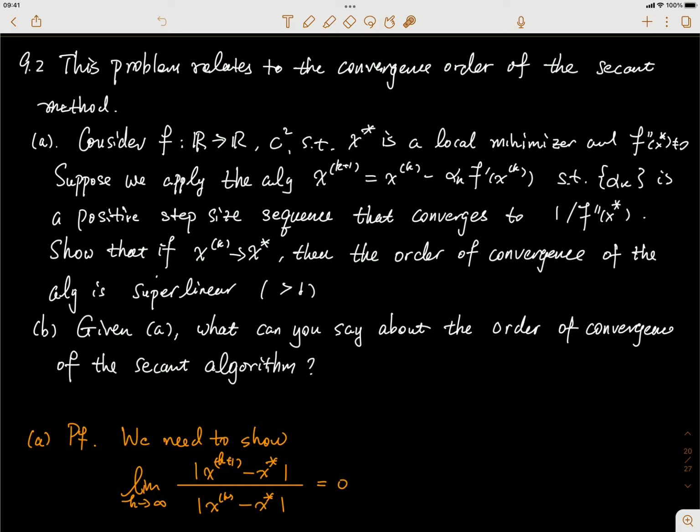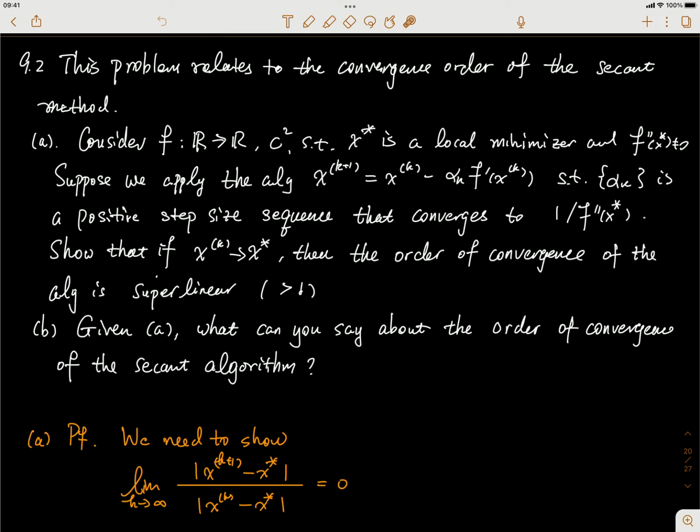So xk is supposed to converge to x star, and alpha k converges to 1 over f double prime of x star as k goes to infinity. We want to show the order of this convergence is at least 1. It's superlinear, it's greater than 1.